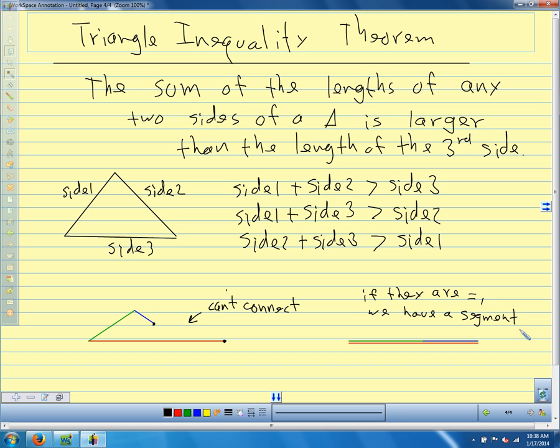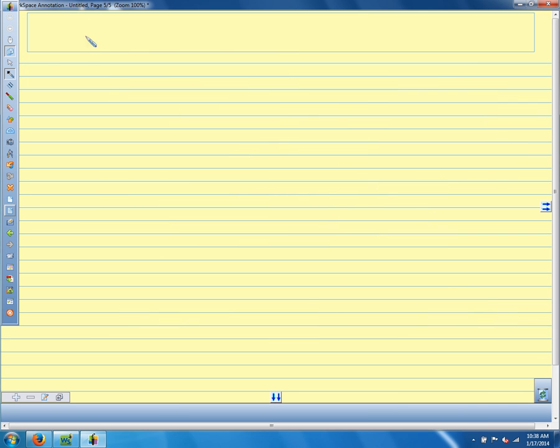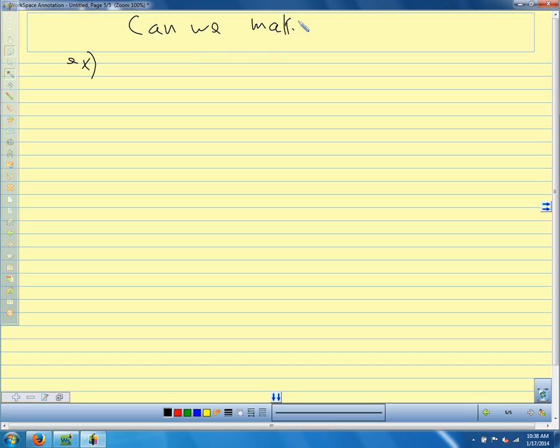Okay, let's take a look at the kinds of problems that you might be asked to solve using the triangle inequality. So for these first three, we're going to say, can we make a triangle? So we have sides 6, 8, and 13.